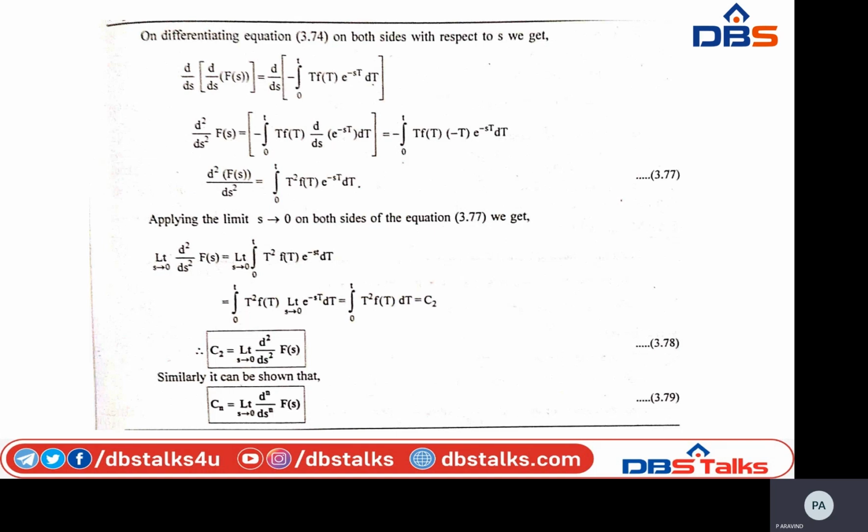In this class we are mainly concentrating on generalized error coefficients, in order to overcome the drawbacks of static error coefficients.